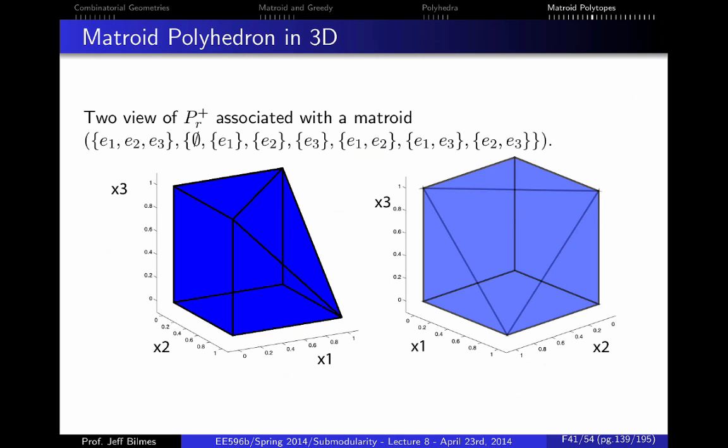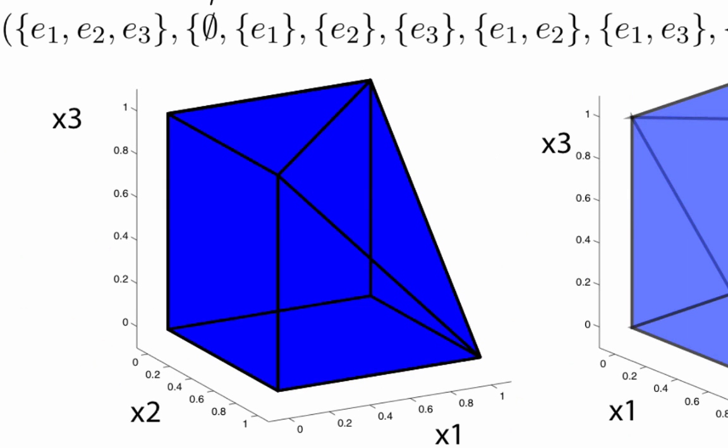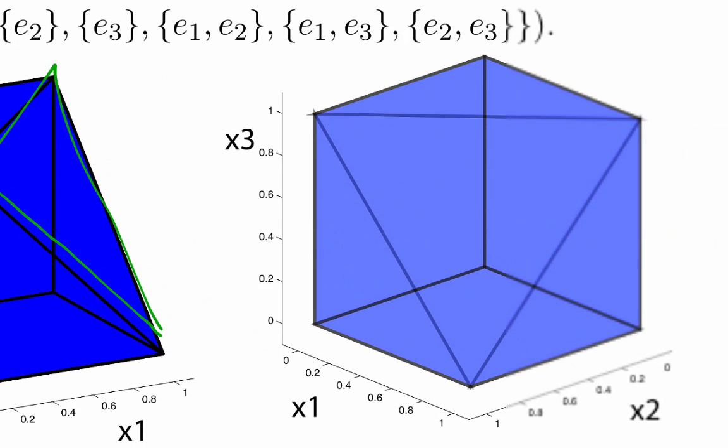The independent sets are the empty set, the singletons, or the pairs, but the triple is not independent. And so what's happening is that the triple, if we look at it in either way, is adding this constraint corresponding to this plane. Or if we want to look at it from another angle, this plane.